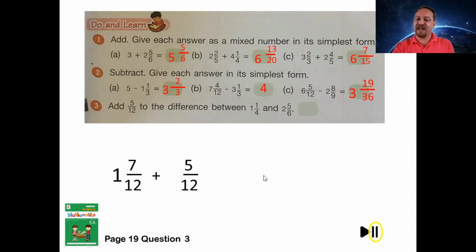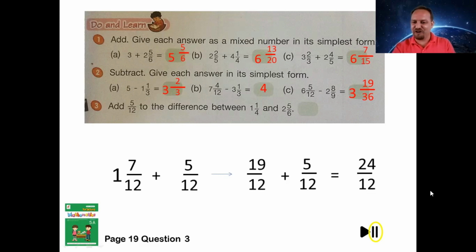We don't need to change the denominators, do we? We have 12. This would be 19 over 12 because we turned 1 and 7 over 12 into an improper fraction. 19 over 12 plus 5 over 12 equals 24 over 12. 24 divided by 12 gives us a nice round number of 2. So question 3, the answer would be 2.